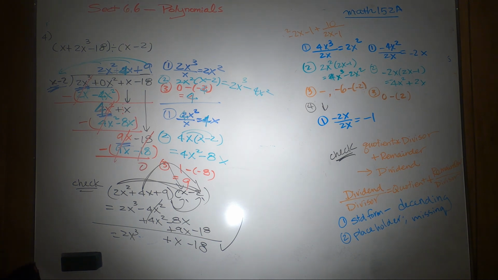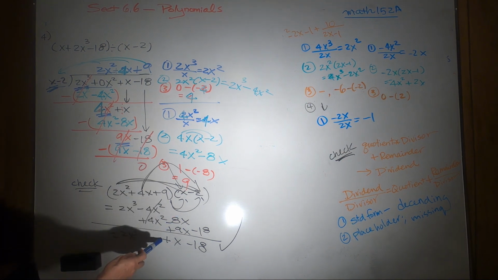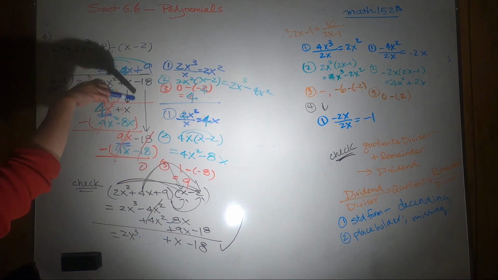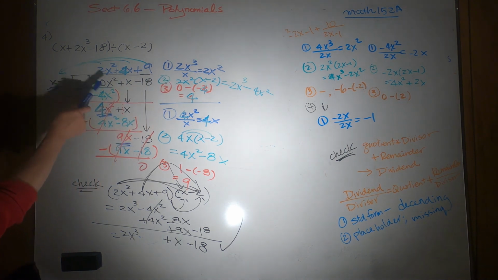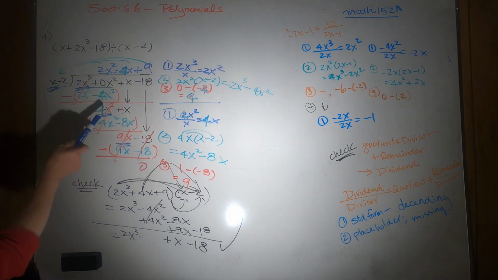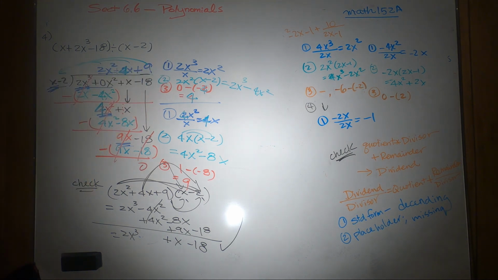Otherwise, something is not right. Either you didn't multiply back correctly, or made some mistakes when you multiply, when you subtract, or when you divide for the quotients.